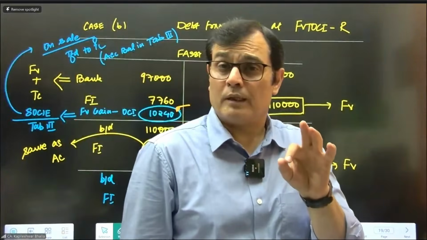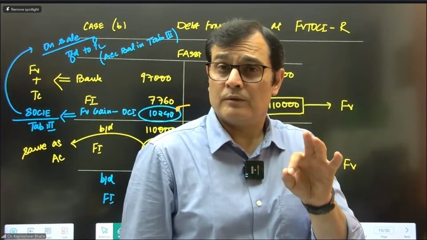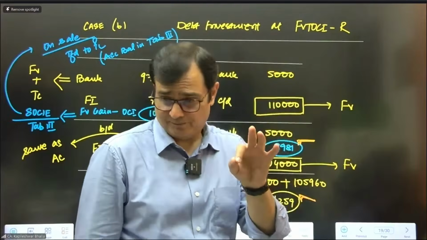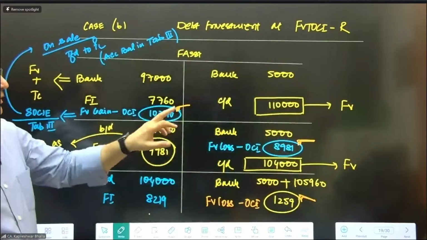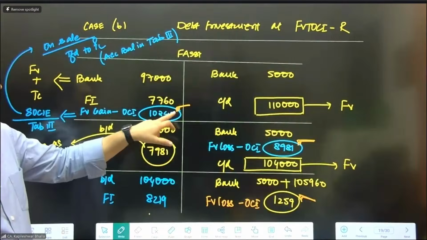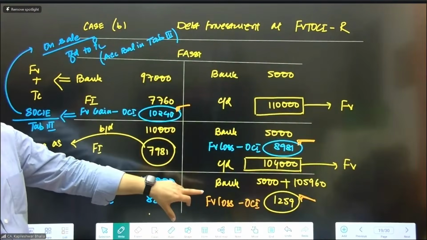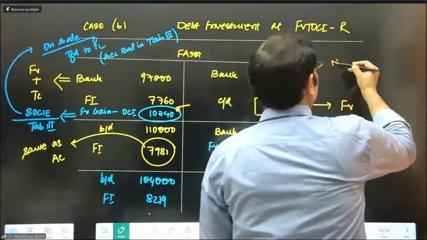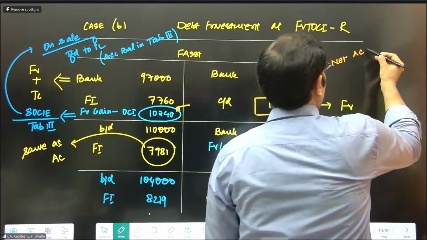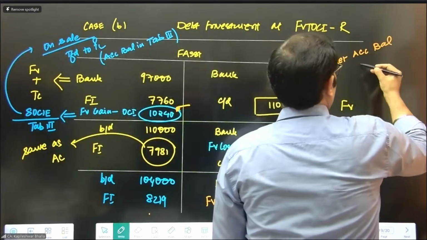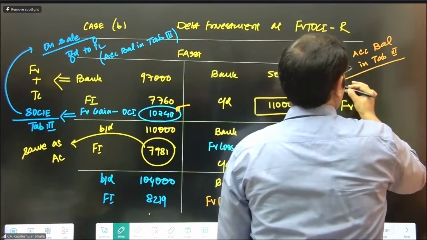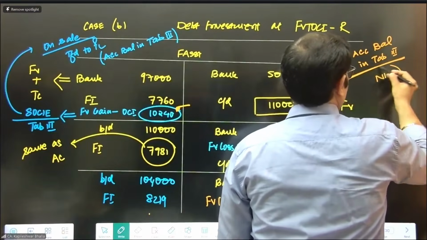Is this total amount coming to zero? And is this by chance, or is this got to be? Is the net accumulated balance in tab number 3 at the end of the third year coming to zero? Just see.